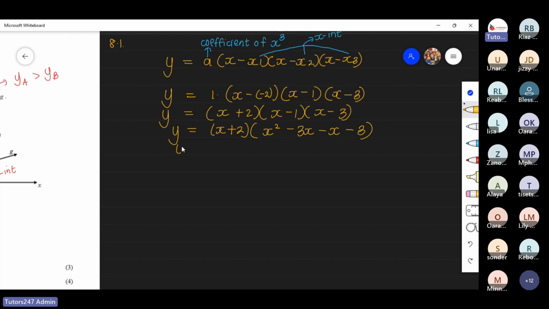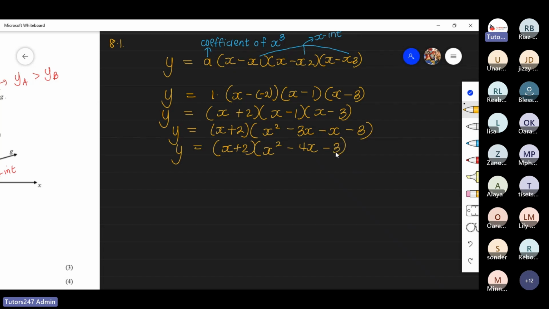From here, because we've not simplified the second bracket fully, we can bring down x plus 2 and continue to simplify it. The like terms are negative 3x and negative x. So minus 3x minus x becomes minus 4x minus 3.